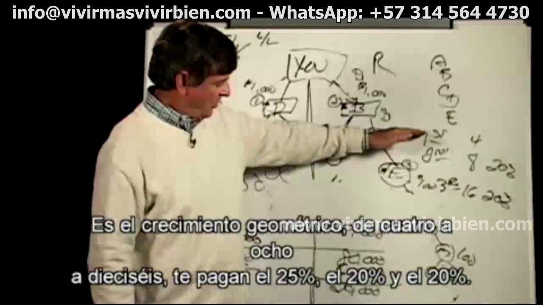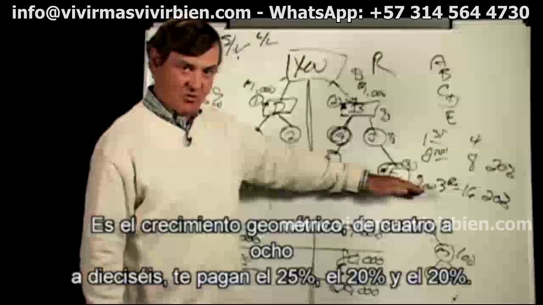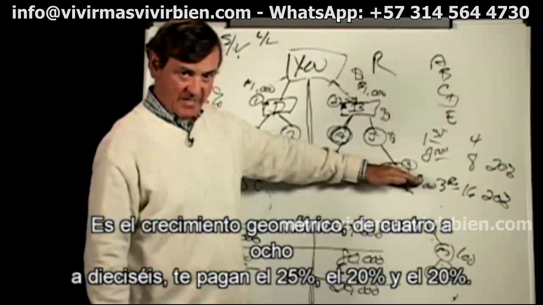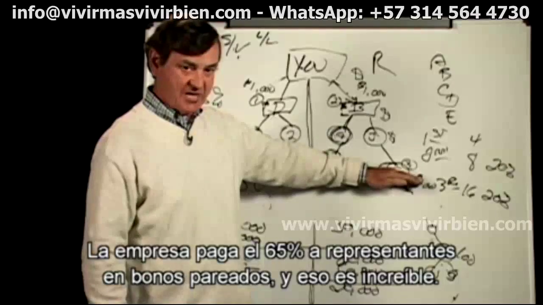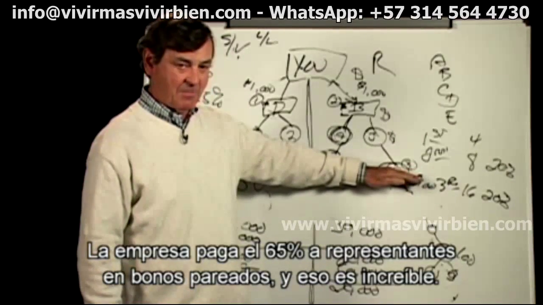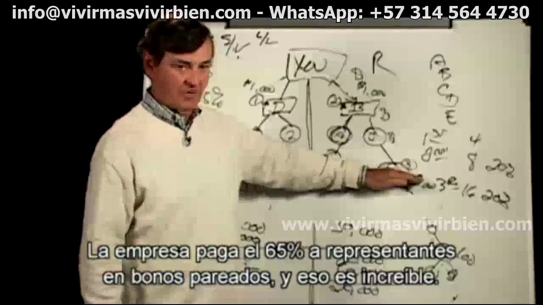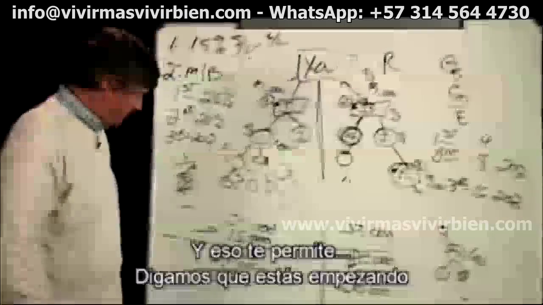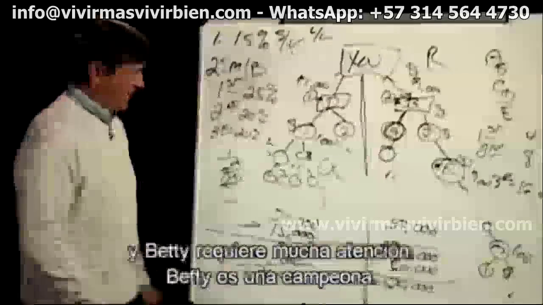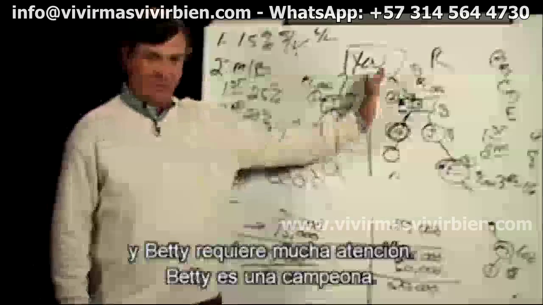That's geometric growth, 4 to 8 to 16, and you get paid 25, 20, and 20. So there's 65% paid out by the company to the reps and to the field in matching bonuses. It's powerful.